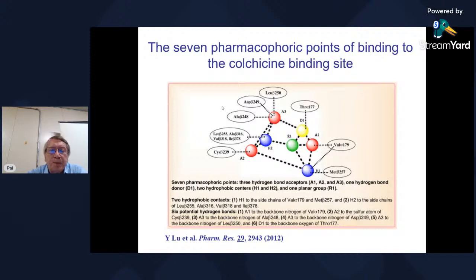Here is a picture which shows the 7 pharmacophoric points of binding to the colchicine binding site.